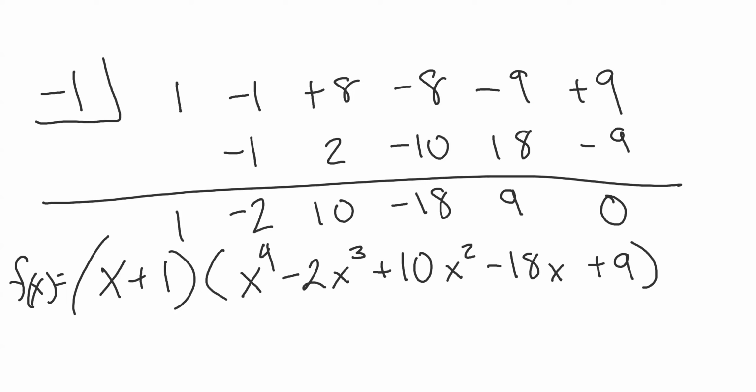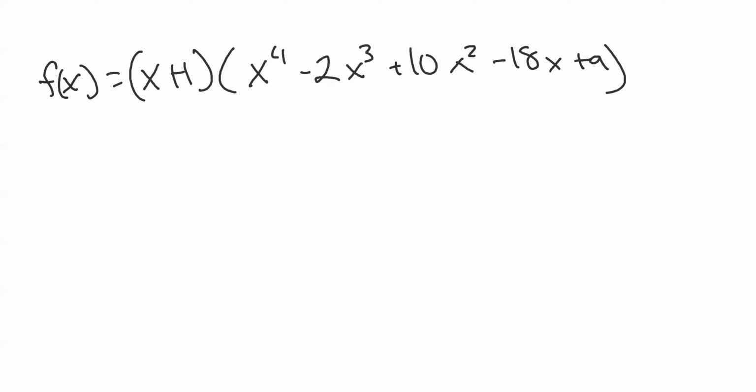All right, now we've got a 4th degree polynomial we need to work with, and we can do the same thing. Notice with this polynomial, we have the same constant term and the same leading coefficient, so it doesn't narrow down the possible remaining roots any.